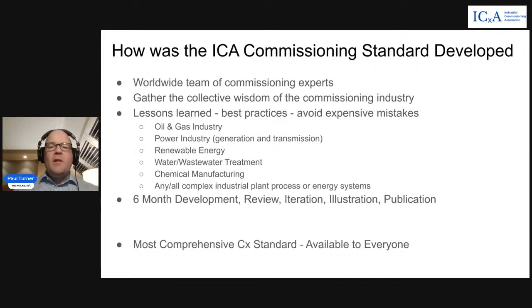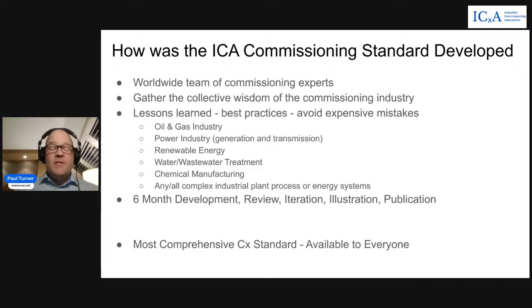So the ICA Global Commissioning Standard has input from every complex industry that we could gather to put together this worldwide team of commissioning experts: from the oil and gas industry, from the power industry, including generation and transmission power projects, from renewable energy, whether that be solar, wind, biogas, all of the new and amazing renewable energy projects that are out there, water and wastewater treatment.